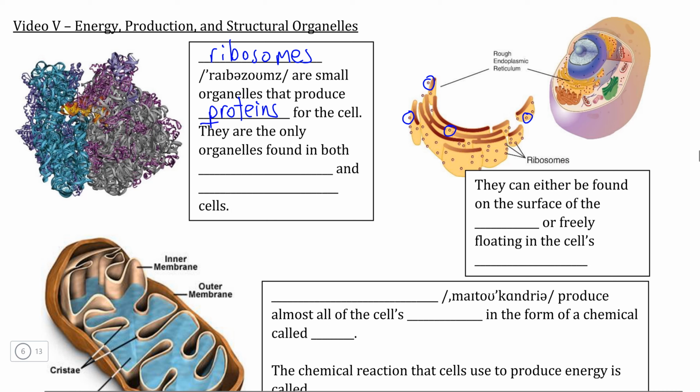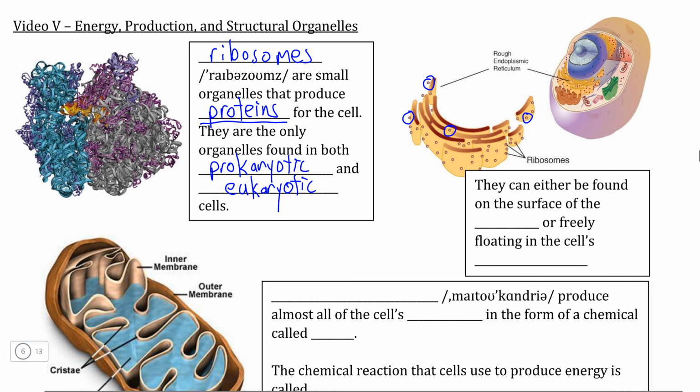Now, because of how critical proteins are for all cells, ribosomes are really the only organelles that are found in both prokaryotic cells such as bacteria and also eukaryotic cells such as plants and animals, because once again, every single living thing requires proteins in order to function properly.